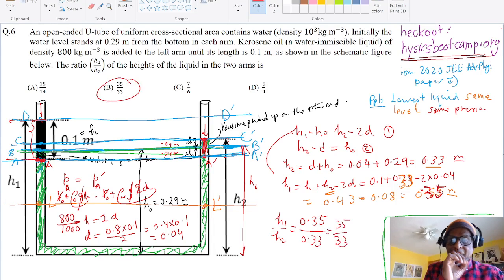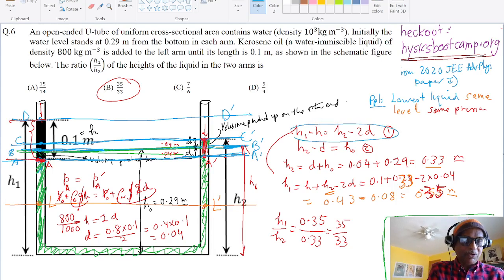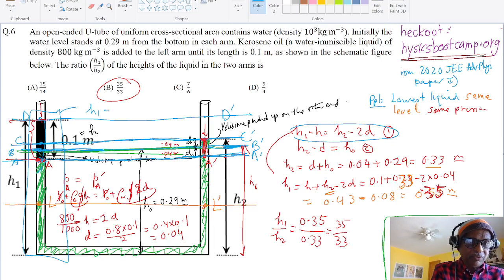This is correct. I think there's another way to do it with less error. Let me do it that way also. So rather than use this, let's use this column itself. If I go H1 and take away the entire H and add D, take out the entire H, D must be equal to H0. So here I know everything, I don't need H2.